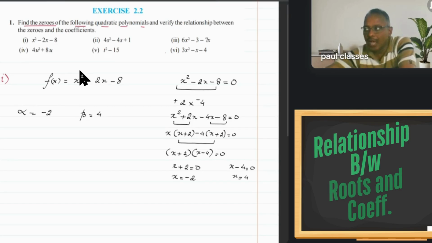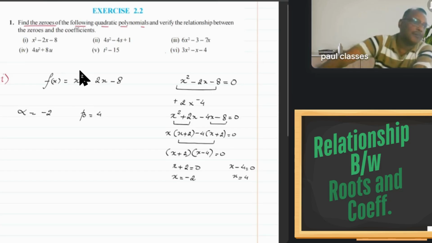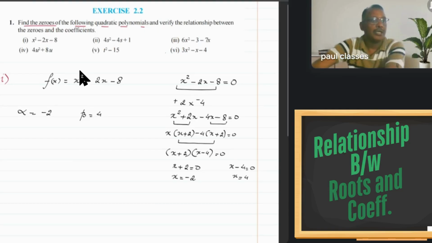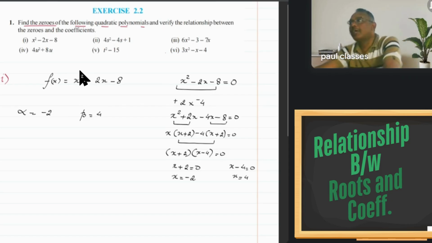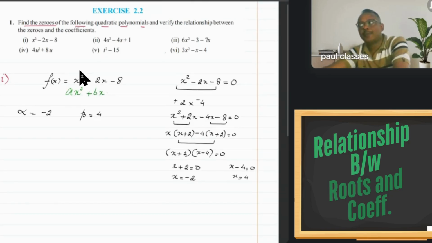If you want, write beta here and alpha here; what's in a name, it's in the work. So you can name the two roots as alpha and beta. If I compare this with ax square plus bx plus c, compare and tell me what is a?